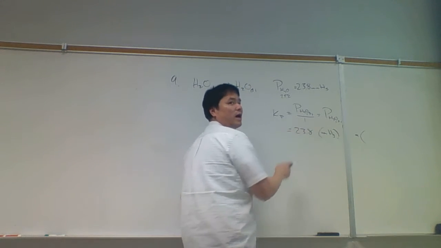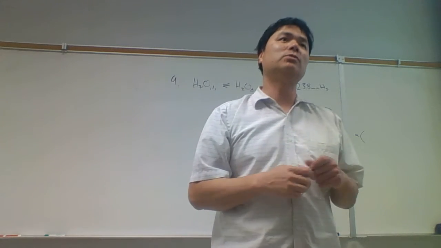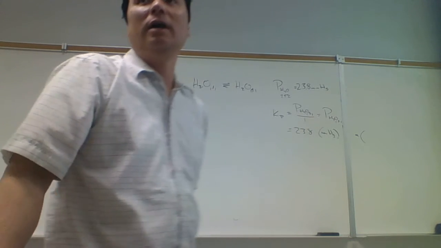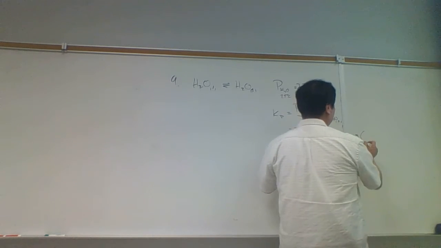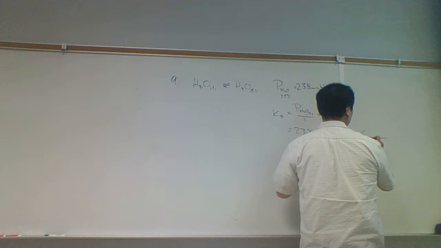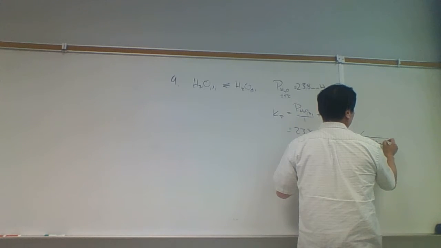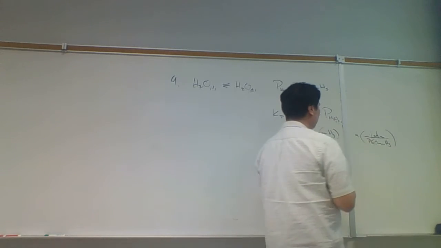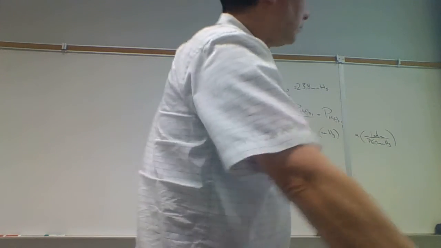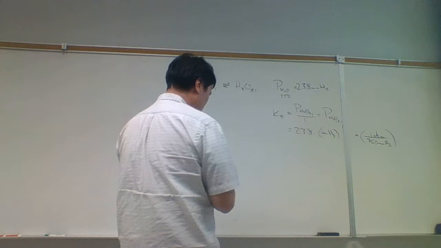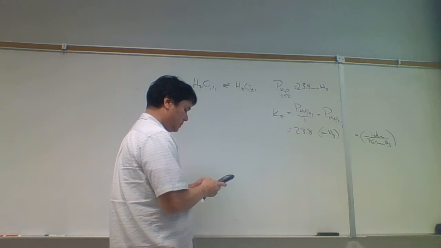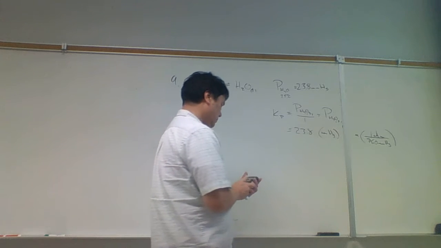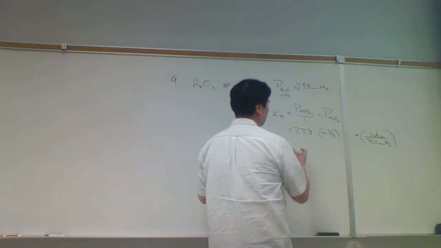But in this case, we have to know what the unit is, because we'll get a totally different K value if this is in atmospheres. So an atmosphere is 760 millimeters of mercury. And so we'll just take 23.8 divided by 760, which gives us 0.0313.